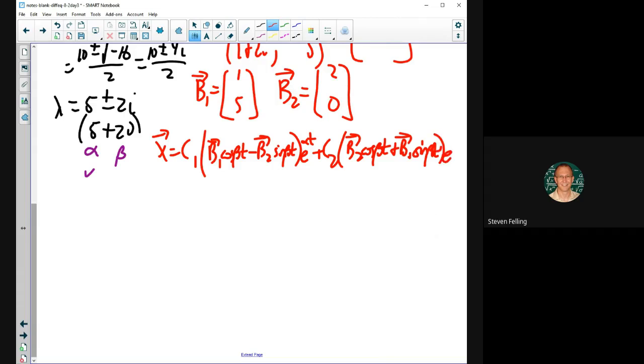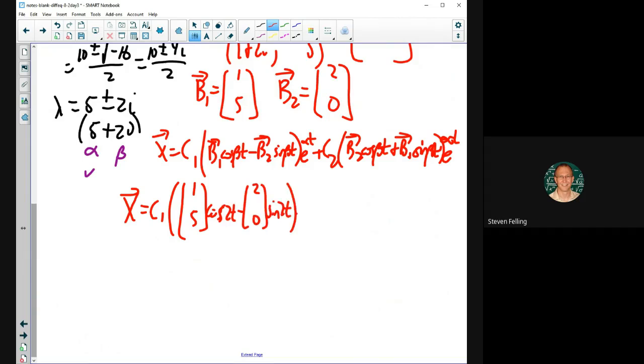The way I keep that straight is there's something unusual, right? If we use these in the right order, 1, 2, then we have the minus sign. And when we have the plus sign, we have them reversed. All right, so this would therefore be c1, and then we would use the 1, 5 vector times cosine of 2t, beta is 2, minus the 2, 0 vector times sine of 2t, e to the 5t.